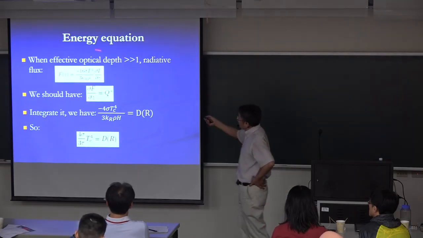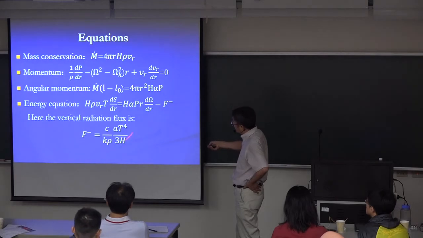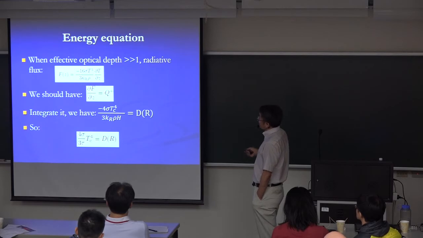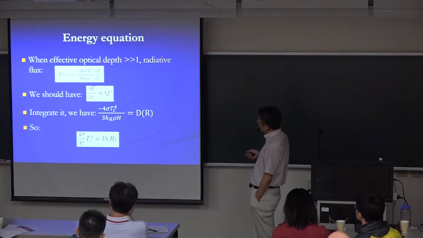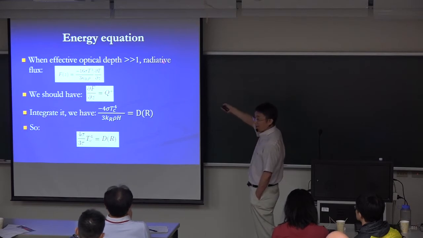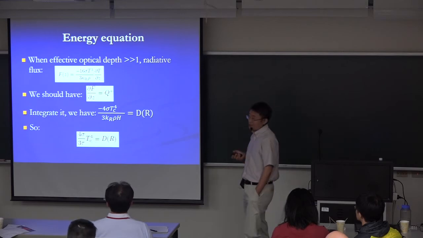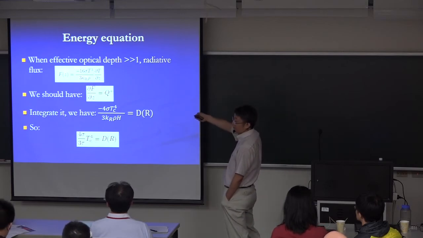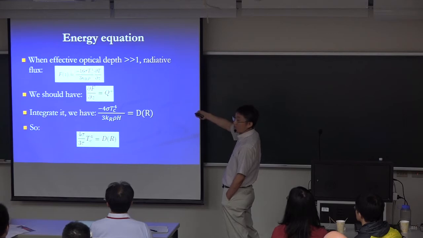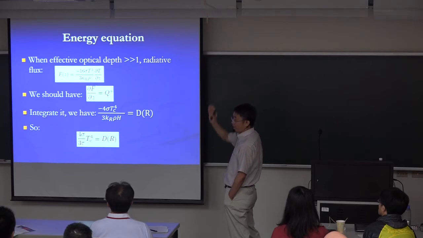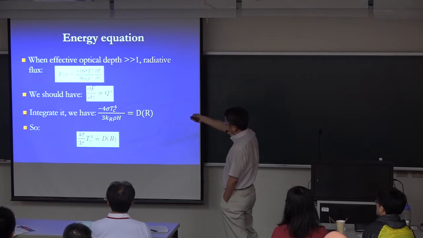Let's see something more about the energy equation. How do we get these equations? For a thin disk, the effective optical depth is much, much larger than 1. In this case, from the textbook of radiative transfer by Rybicki and Lightman, you will find such an equation, and you will see how we derive these equations. This describes the radiative flux along the vertical direction of the accretion flow as a function of z.